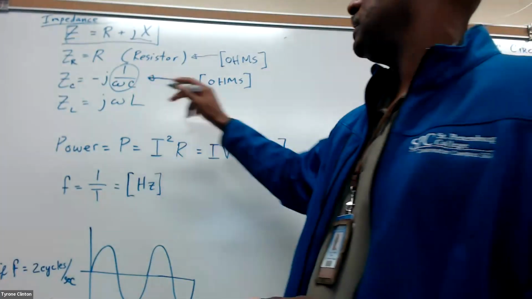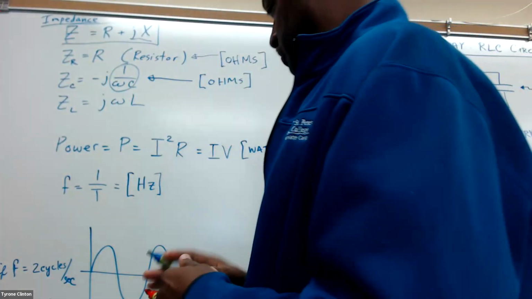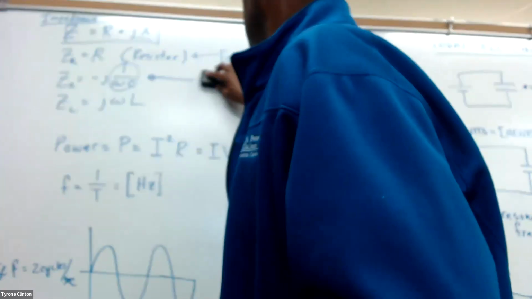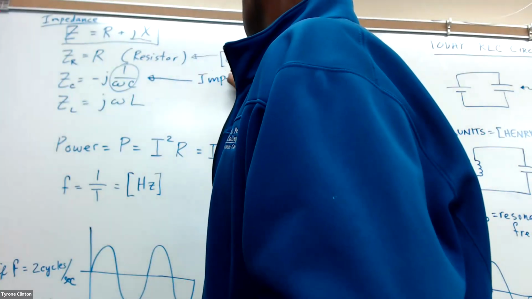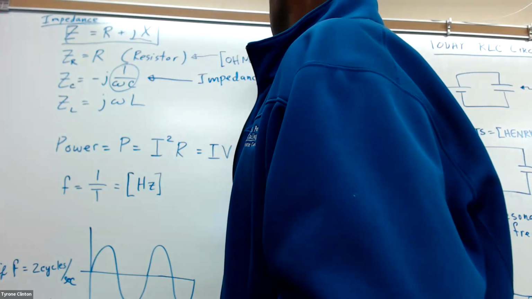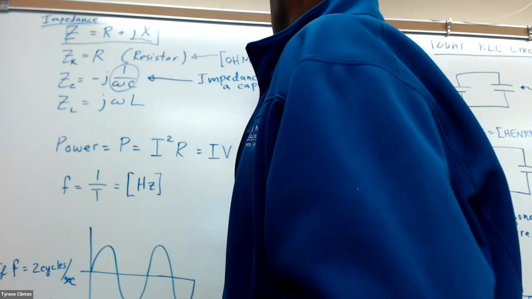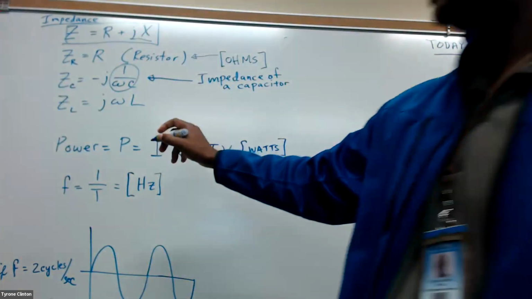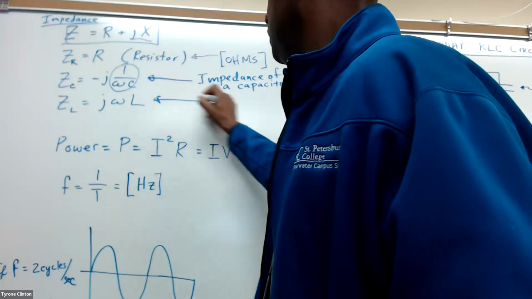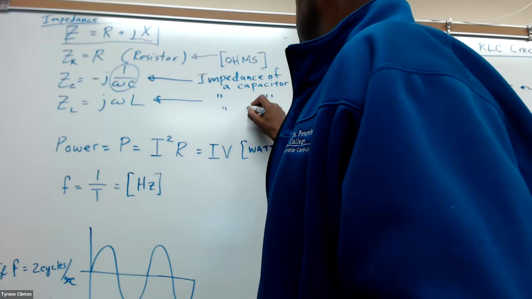So this is going to be the impedance of a capacitor. Probably should have written that here. So this is the impedance of the capacitor. You see that by that C that's there. This one is going to be the impedance of an inductor.